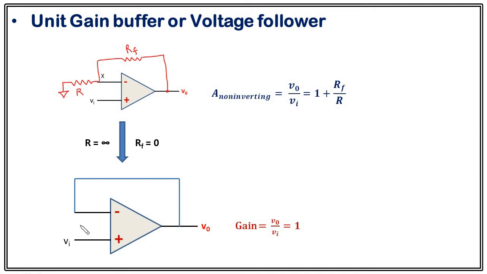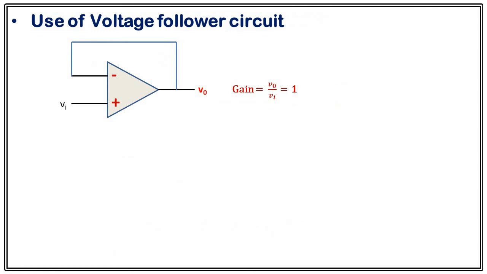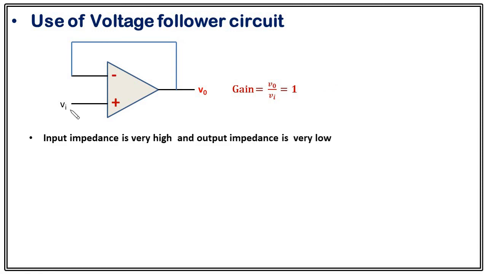But what is the use of this circuit? What is the purpose of this circuit? If output voltage is the same as the input voltage, then why do we need this kind of circuit? We can directly connect the input voltage source to the load. Why do we need this extra circuit? There is a very important use of this circuit. Input impedance is very high, because let's assume this op-amp is ideal.